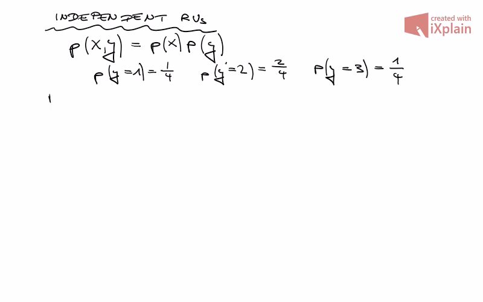And then let's say that P(x=1) is 1 over 3, and P(x=2) is 2 over 3. So we have a probability distribution over one random variable, which models one thing in the world. It takes on values 1, 2, and 3, and the probabilities are 1 over 4, 2 over 4, and 1 over 4. So that's a probability distribution because it sums to 1.